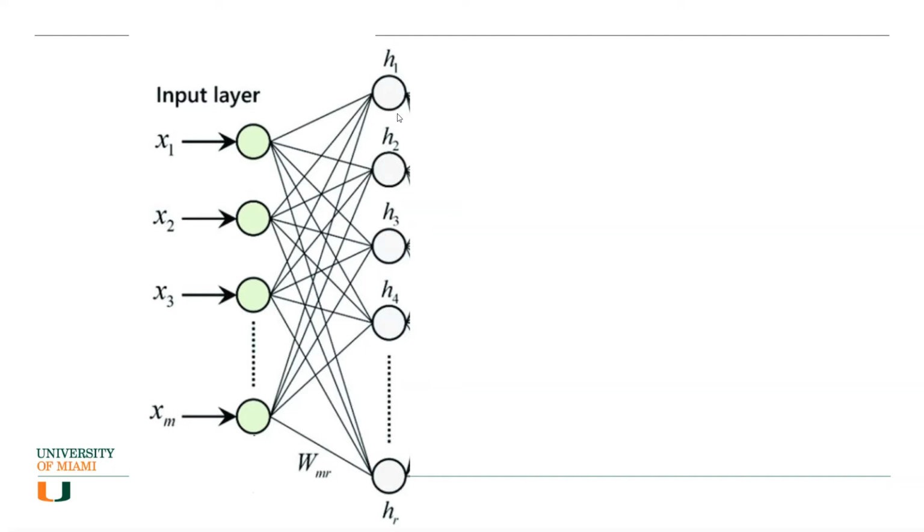And here we're going to use a ReLU activation function. ReLU stands for rectified linear unit, which basically is going to return 0 if the input is less than 0, and it's going to return the actual input if the input is larger than 0. So if the input is, say, -5, the output is going to be 0, but if the input is 5, the output is going to be 5.